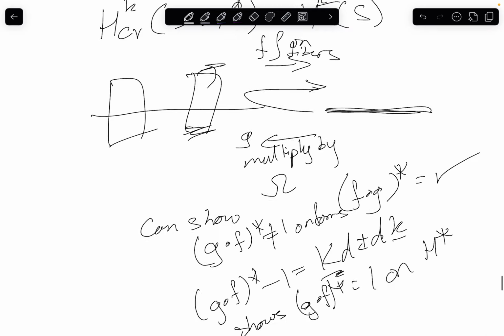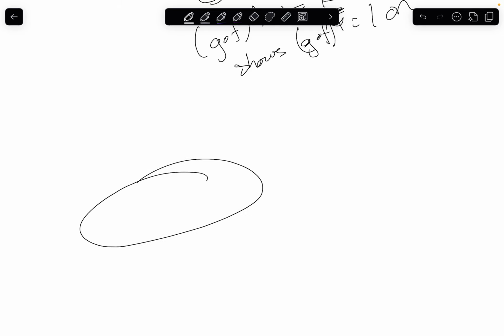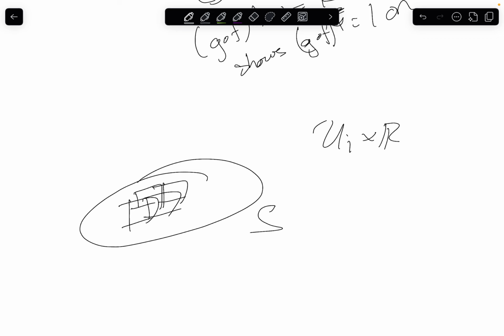So now how do you finish the proof? What you say is you take S and you break it up into small charts, such that over each fiber you do have U_i cross R^d. So you have E, but then E restricted to U_i, so the preimage of U_i, is equal to this.